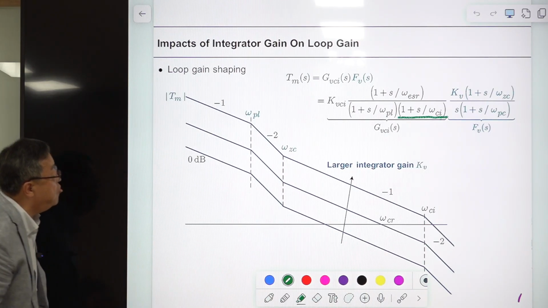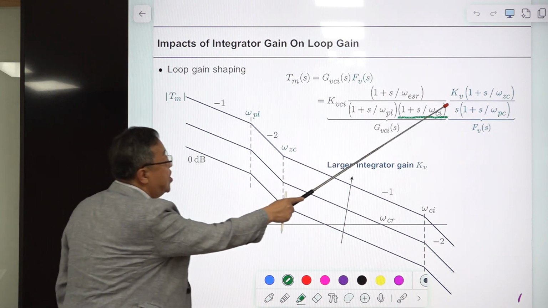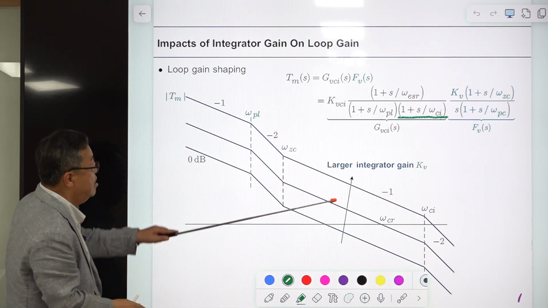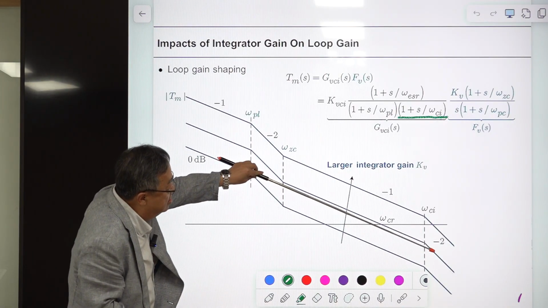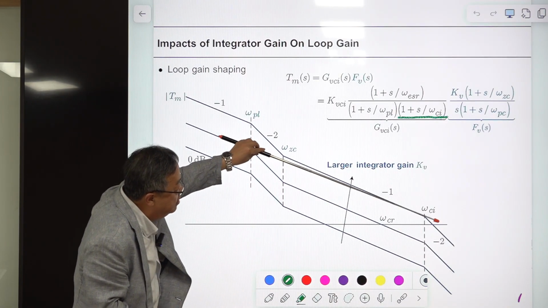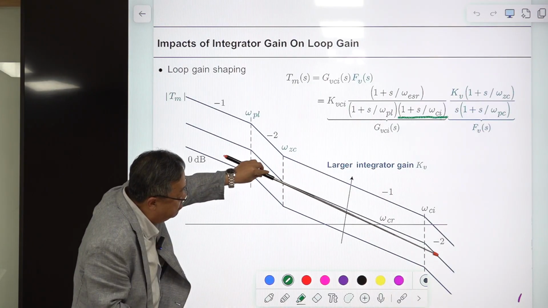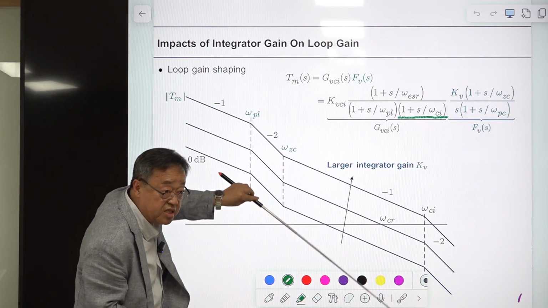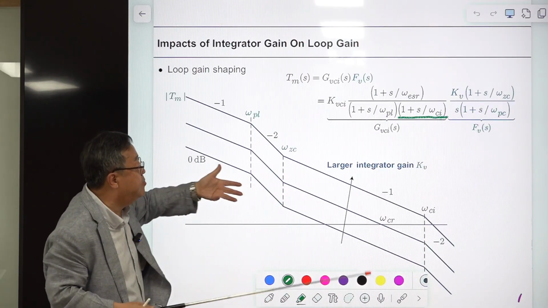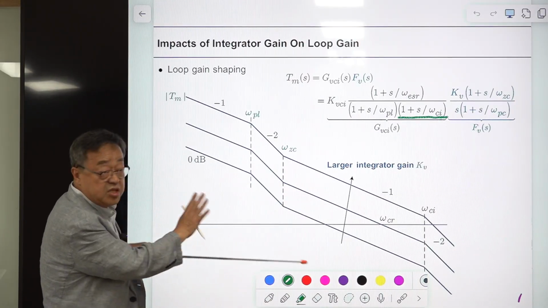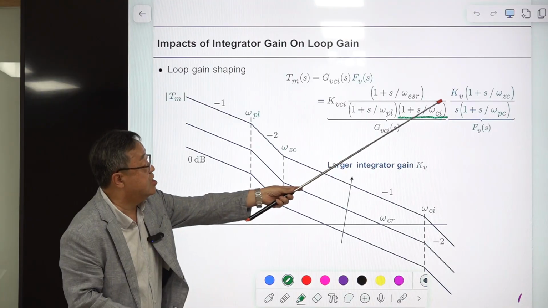We are increasing this value of KB by 2 times. This one was the original design, and it is increased by 2 times, and decreased by half. Then it will change like this. If you modify KB, the phase remains the same because this is a constant.